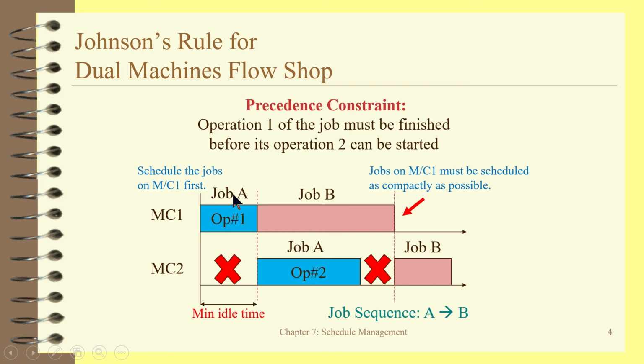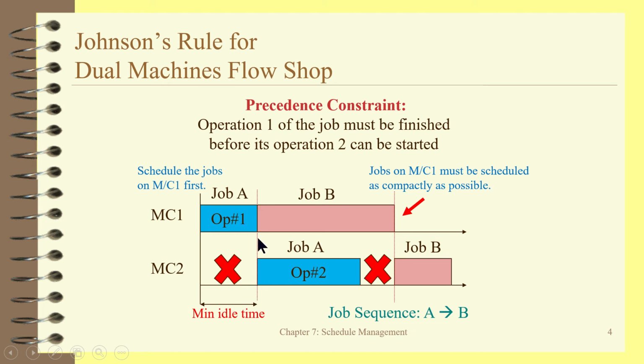Look at this example. You can see that job A operation 1 finished at this time, so its operation 2 cannot be started before this time. It could start here or later after this point, but no earlier than this point.